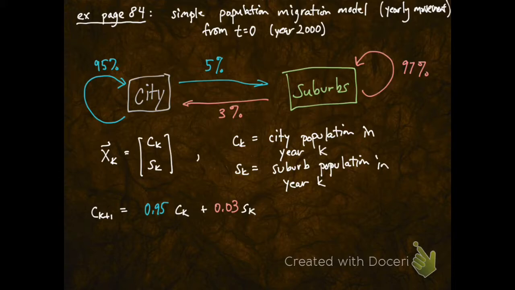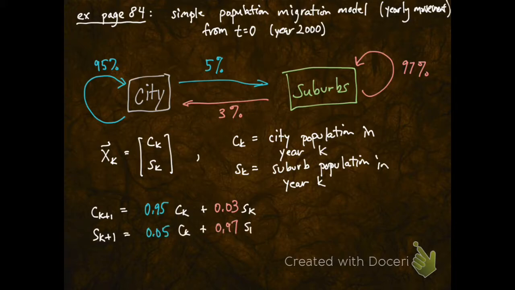So c_{k+1}, that's the state of the city population in year k+1. Well, 95% of the city population stays put, so that's 0.95 times c_k, plus 3% of the suburb population migrates into the city and contributes to that population, so that's 0.03 times s_k.